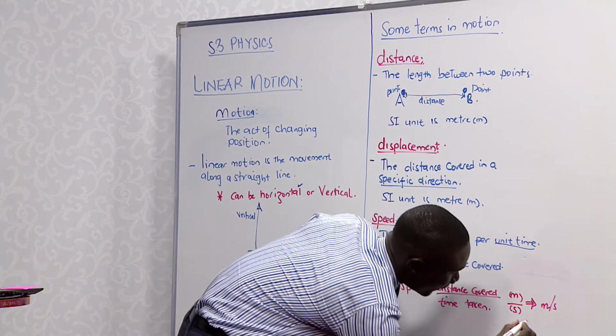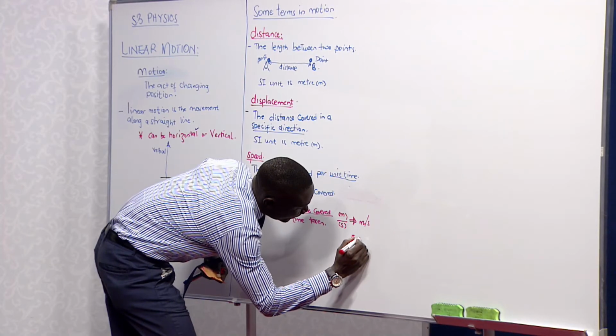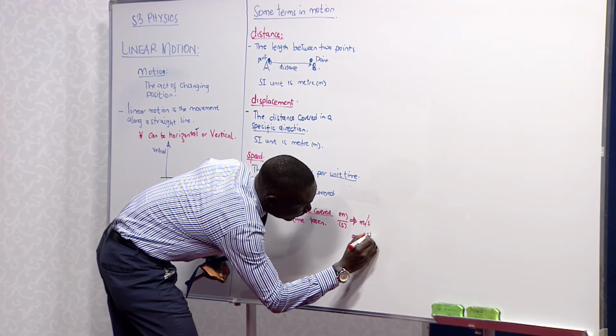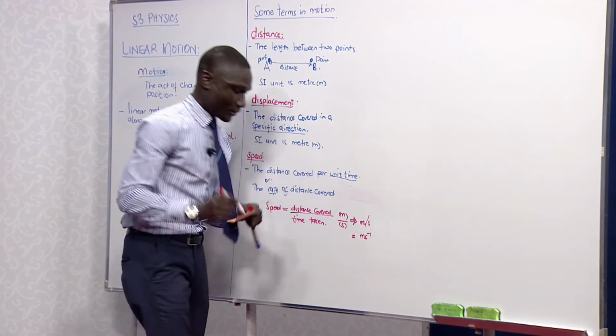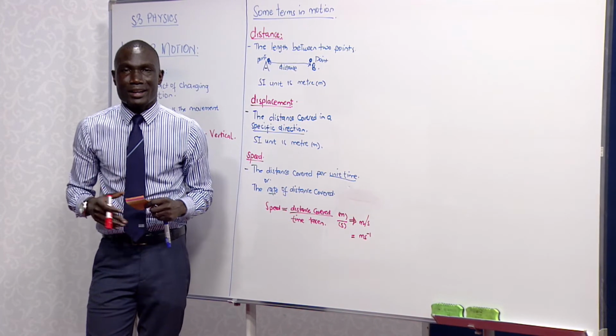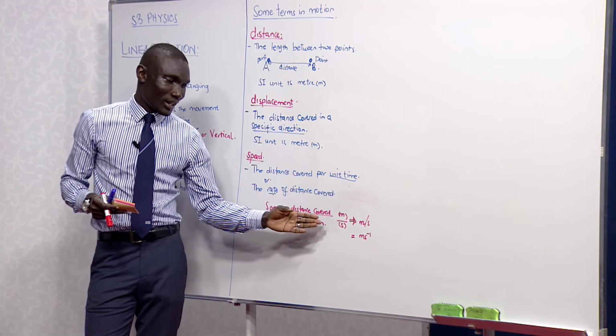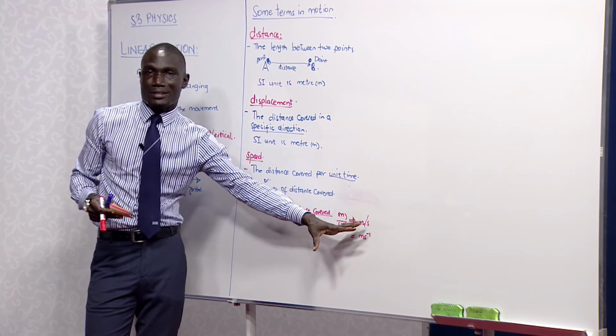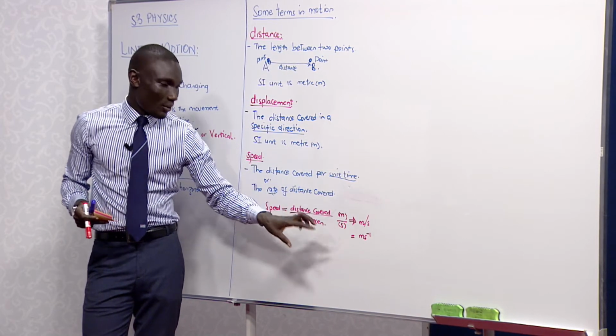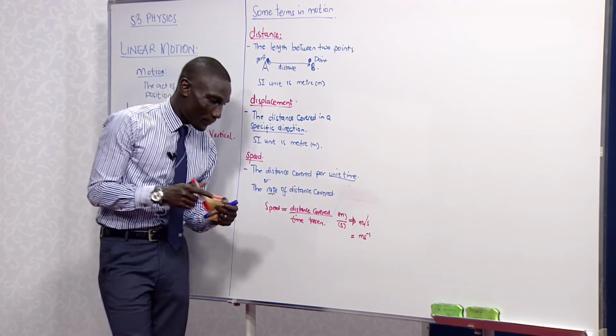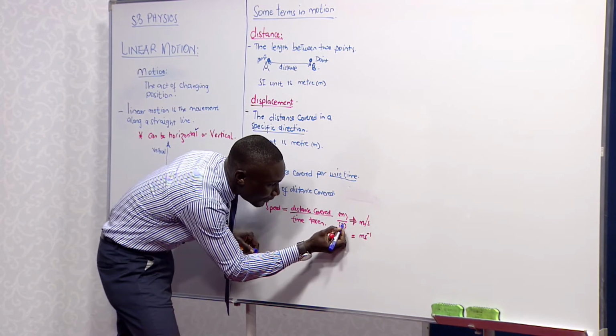Meter per second can also be written as ms to the power negative 1. And of course, there is a way it comes about. This is mathematics indices. Remember, this s is to the power 1.